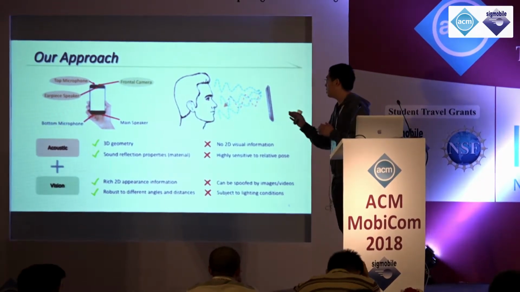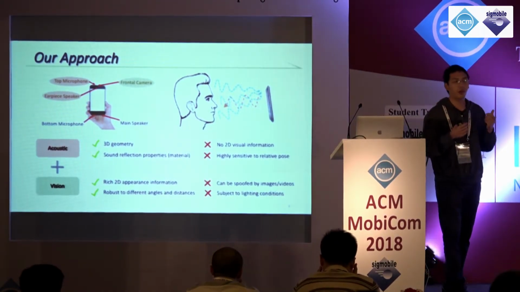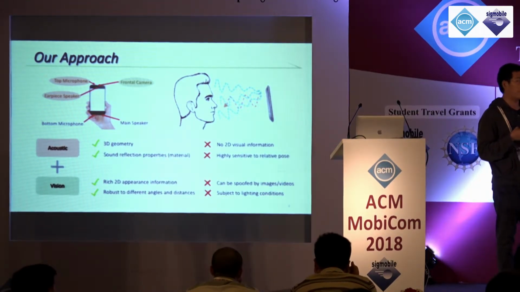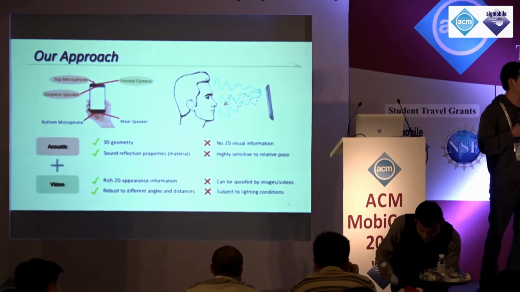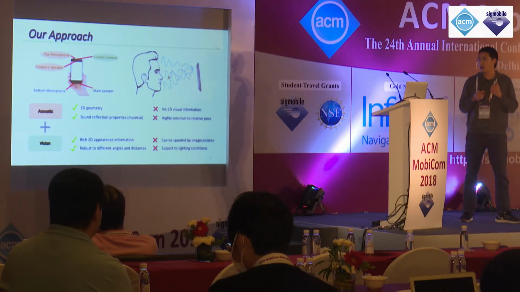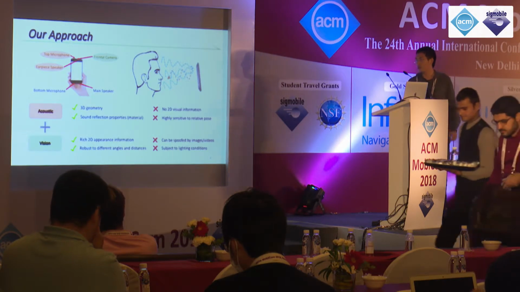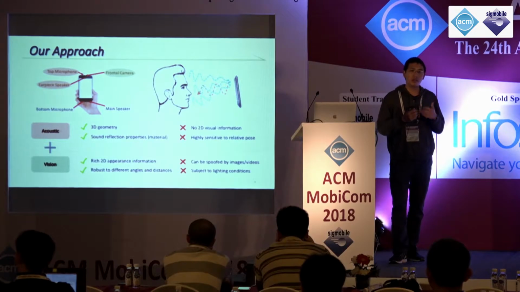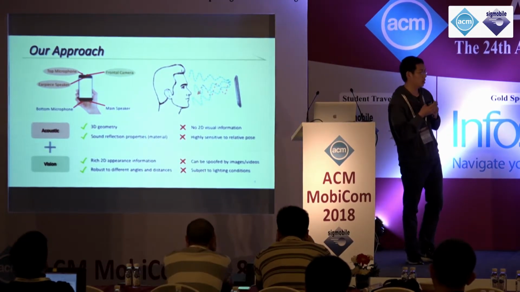Let's look at acoustics. The reflection signal depends on the 3D geometry of your face, and also on the material of the reflector, so it's hard to attack such a design using 2D images. However, it lacks the information of 2D visual features, and the reflected signal is very sensitive to the relative pose between your smartphone and your face.